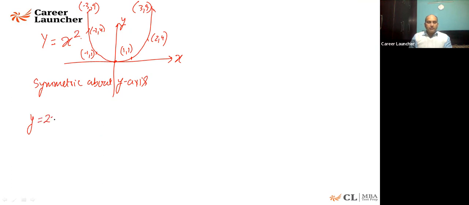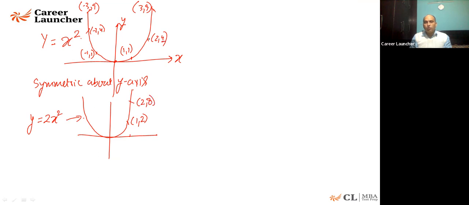Now, if I double it, I'll say the same figure, the only change is it will be a little steeper now. So y is equal to 2x square is steeper than the earlier figure. Why? Because when x is 1, y is not 1, it is coming out to be 2. So it will be steeper. When x is equal to 2, I know 2 square is 4, 2 fours are 8.